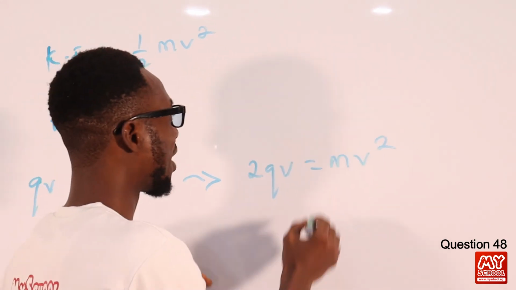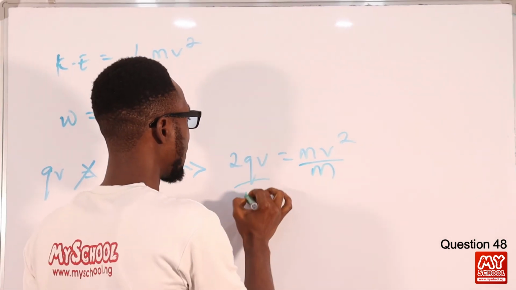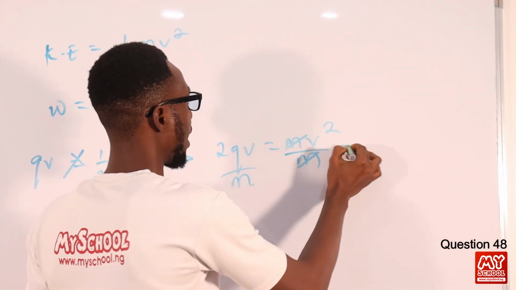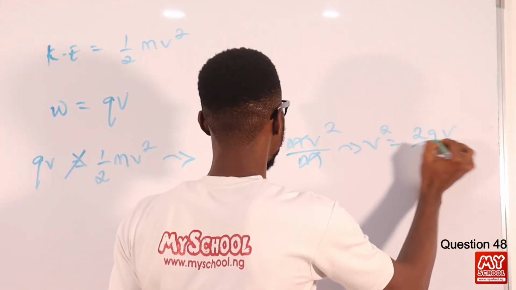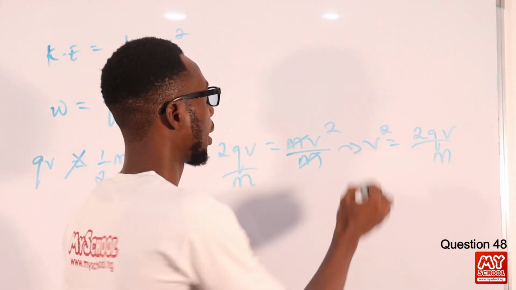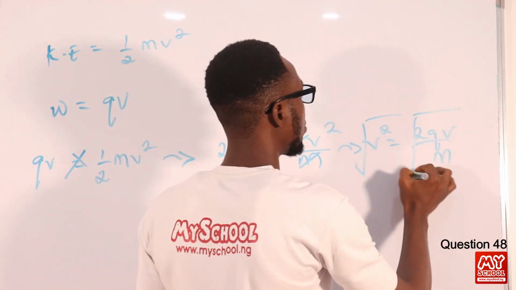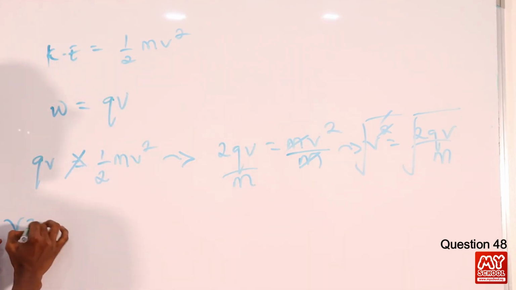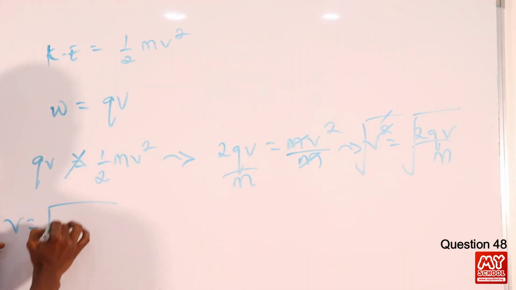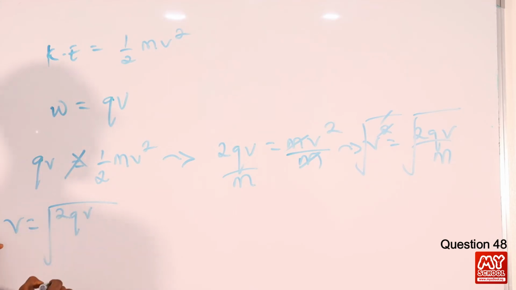So what do I do? I divide both sides by m. So I have v squared equals 2QV over m. Okay, so I square root both sides to remove the square. So I have v equals the square root of 2QV over m.